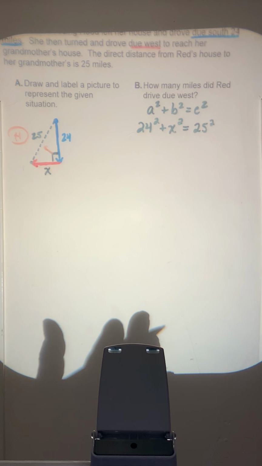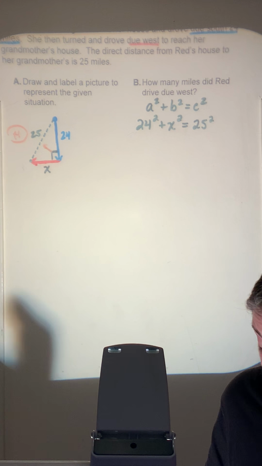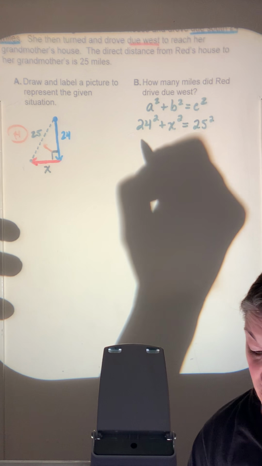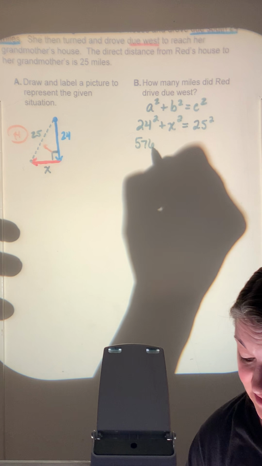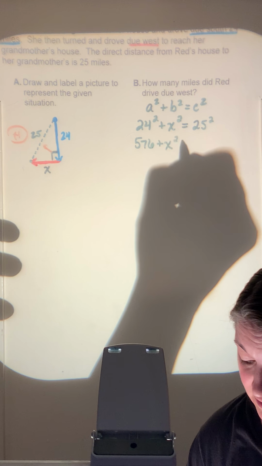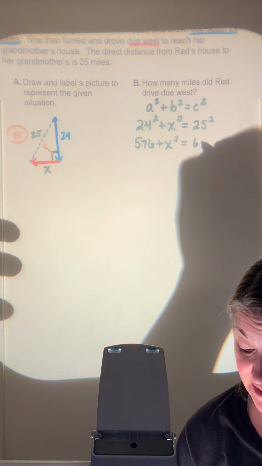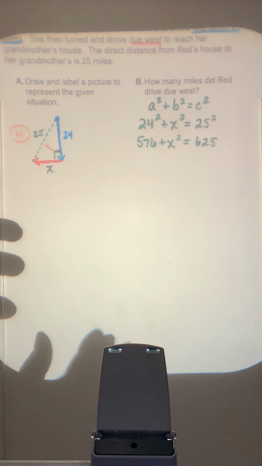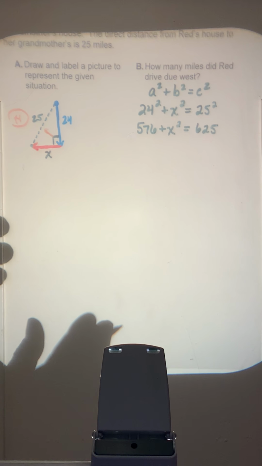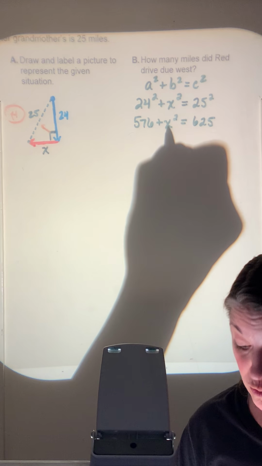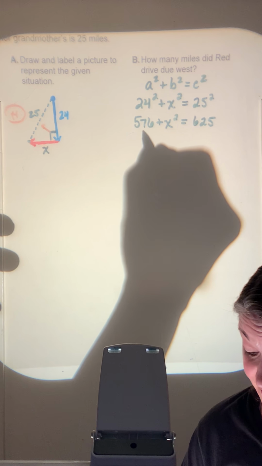Don't be afraid to use a calculator, okay? 24 squared will end up giving you 576. 25 squared will end up giving us 625. Now this time our variable that we're solving for is on the left side along with this 576.